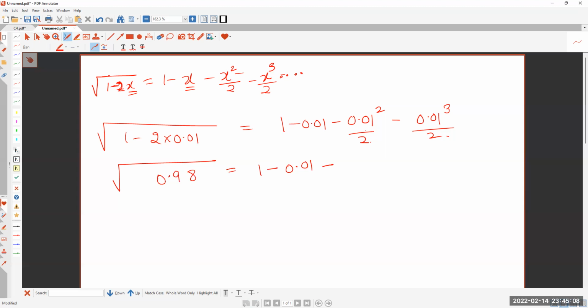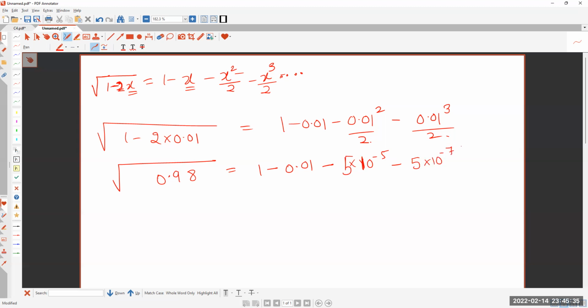0.01 squared is 1 into 10 raised to minus 4, divided by 2, which is 5 into 10 raised to minus 5. Then minus (0.01) cube divided by 2, which is 5 into 10 raised to minus 7.